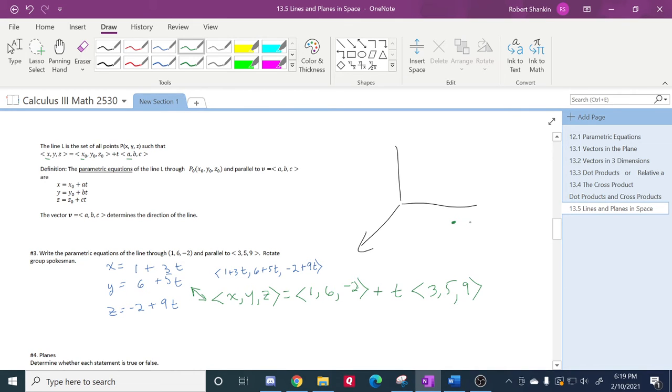There's the 1, 6, negative 2, and then 3, 5, 9 is 3, 5, 9. It's really mostly up. And then all multiples of this are going to give us this line. If you took the multiplier to be 1/2 or 2 or 3/4 or whatever, we wind up getting this line in space.